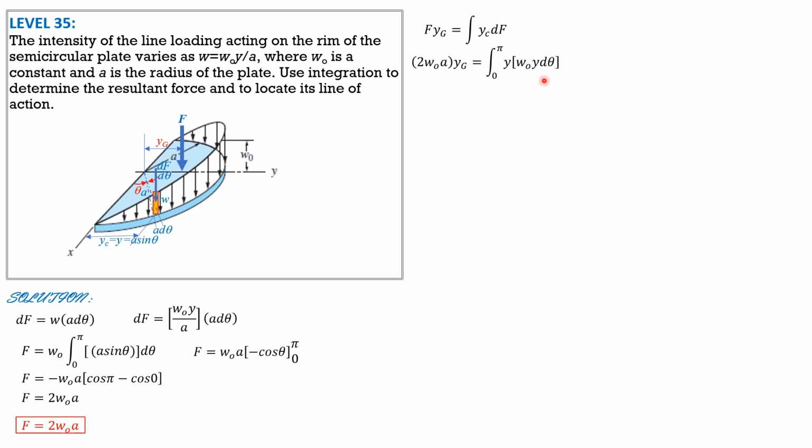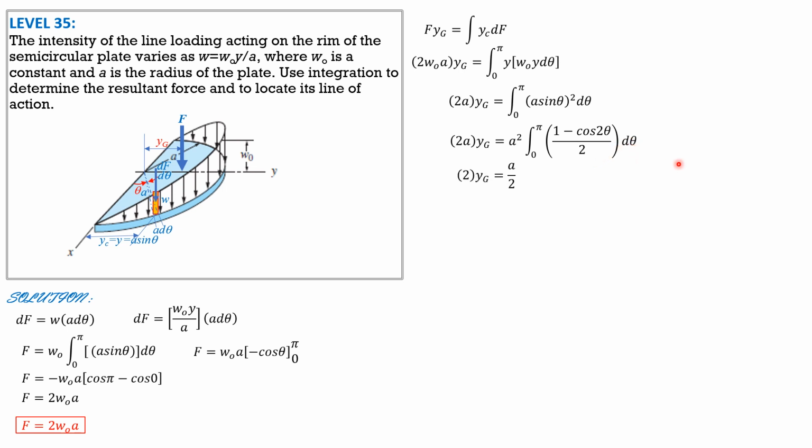Substitute the value of y, so we cancel W0, so 2A yg equals the integral of y square, and y square is A sine theta, quantity square, d theta. So by identity, sine square theta is 1 minus cosine 2 theta all over 2. So 2A yg equals A times the integral 0 to pi of 1 minus cosine 2 theta over 2 d theta.